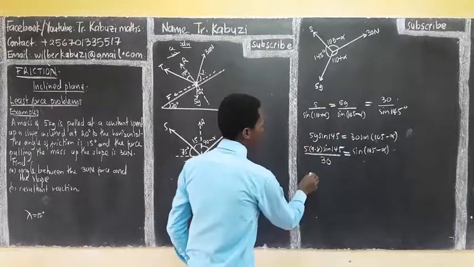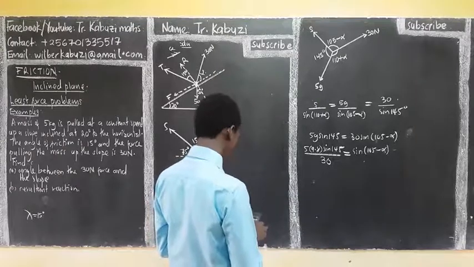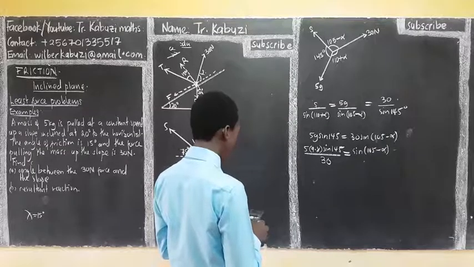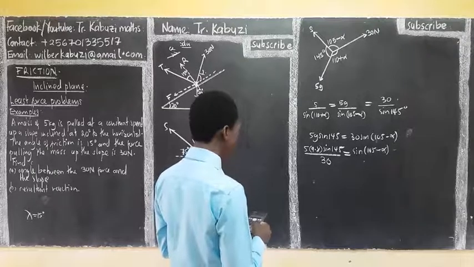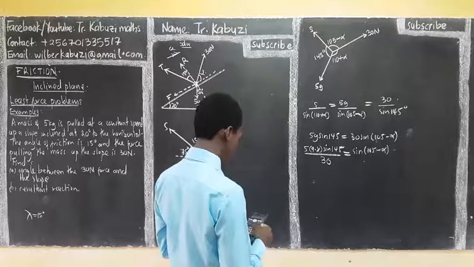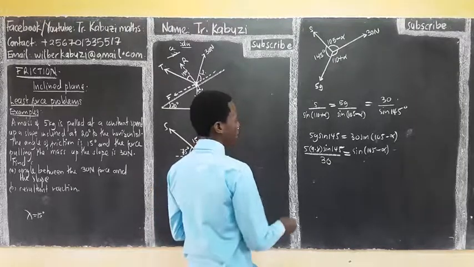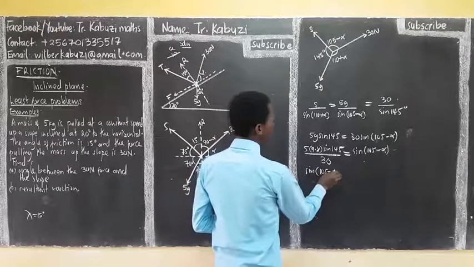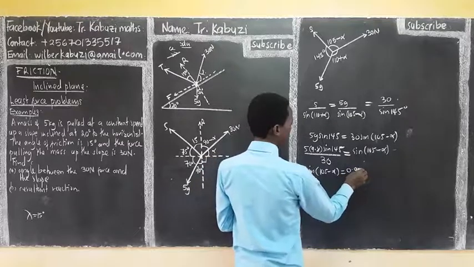So all of this is going to give us sine 145 divided by 30. So sine of 105 minus alpha is giving me 0.9368.